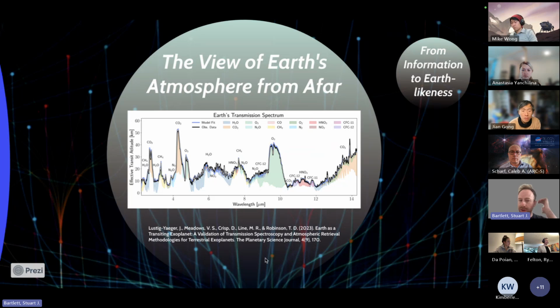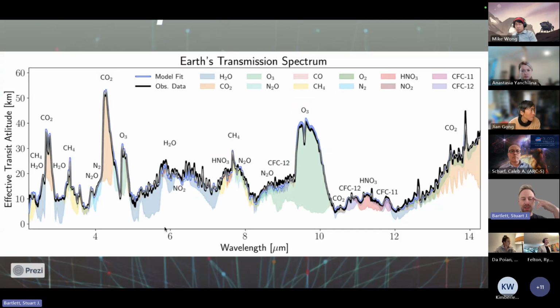So this is another recent paper by several of our friends and colleagues where they simulated what it would be like if JWST was looking at Earth from a great distance, and they conclude that in fact, you can find various disequilibrium pairs like methane and oxygen.